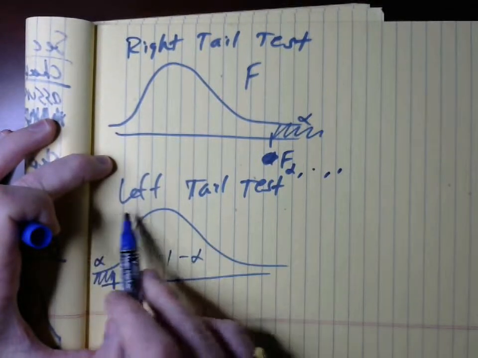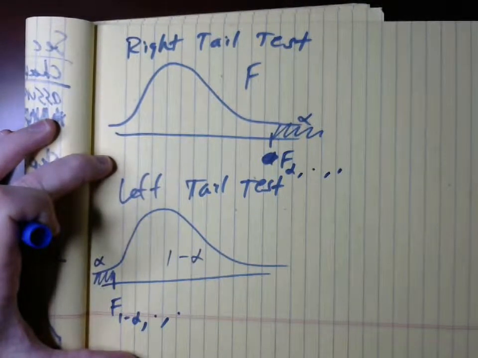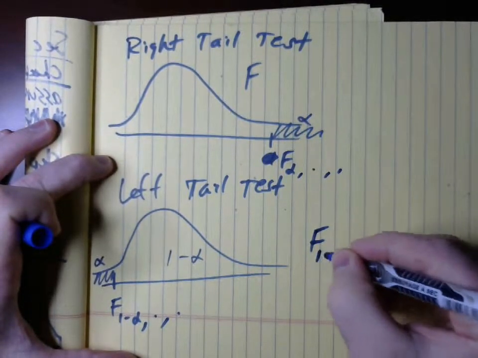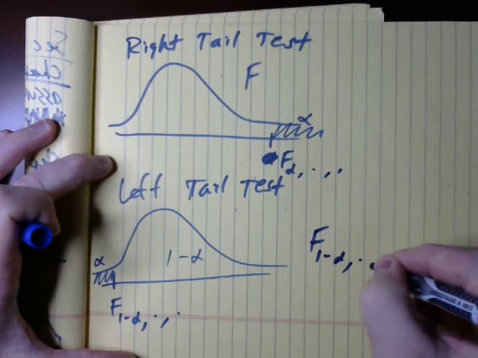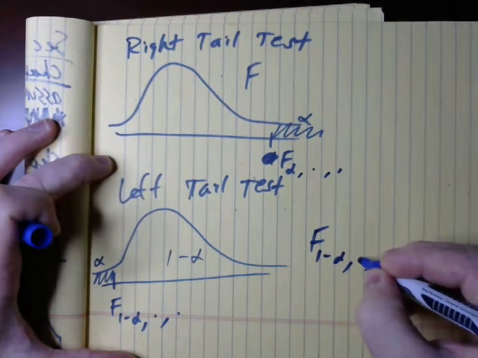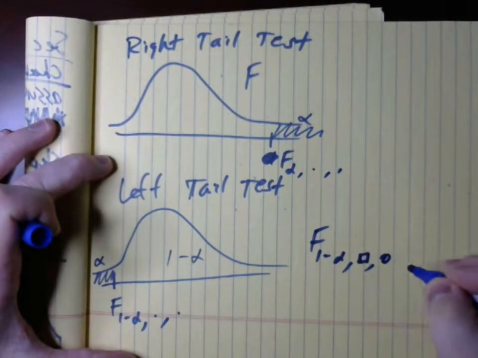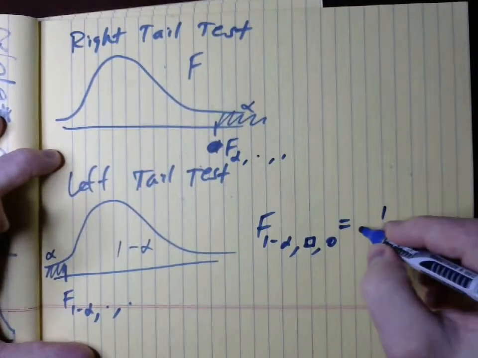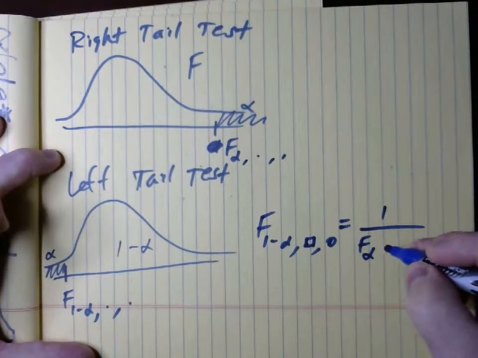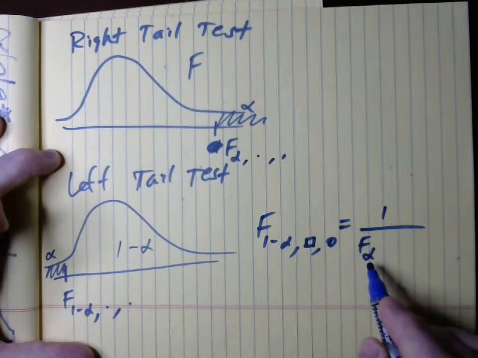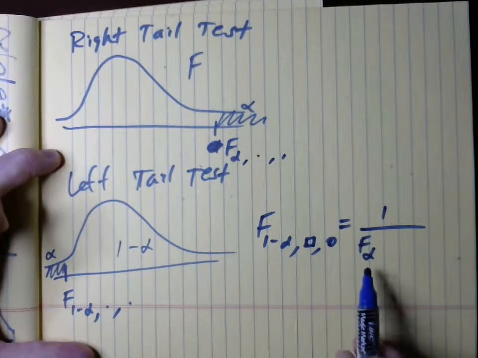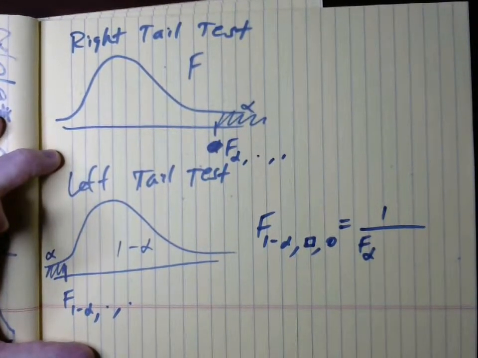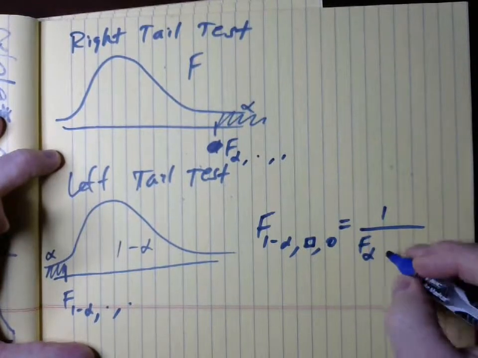Now with the left tail test, that is when you'll want to use that property of F sub 1 minus alpha, with degrees of freedom in a square and circle, equals 1 divided by F sub alpha with the degrees of freedom flipped, because we can only look at small values of alpha, like 0.1, we can't look at 0.9 on that table, so we would want to use this property.